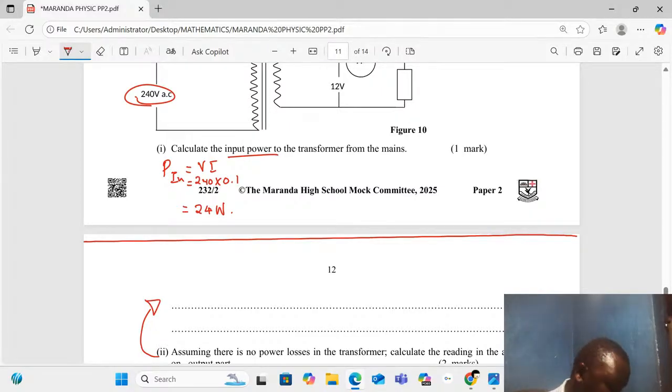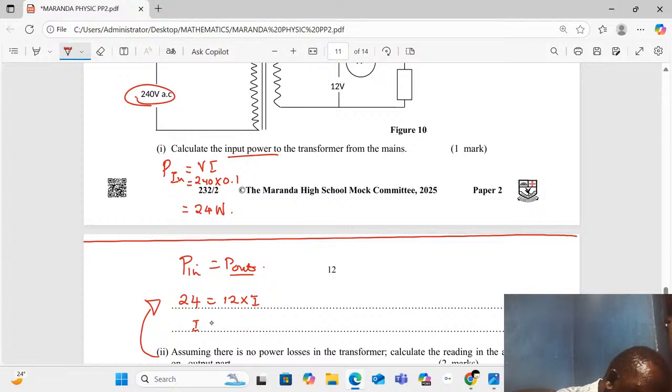So P in will be the same as P out. So our 24 watts will be the same as the voltage of 12 volts times the output current. So our I, subject of the formula, will be 24 divided by 12, giving us 2 amperes.